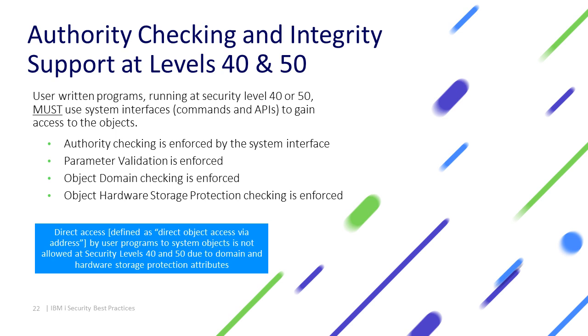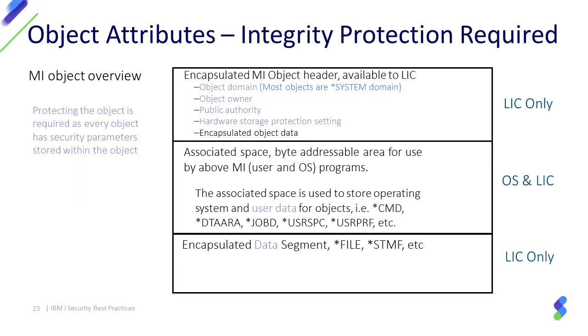We talked a little bit about this already, but running at the higher security level is really, really important, because at the lower security levels, this built-in integrity functionality is not going to be running at all. Okay, so here's a real high-level picture of an object on IBM i. You could think of this as a database file or a file in the IFS or even a program or a data area.